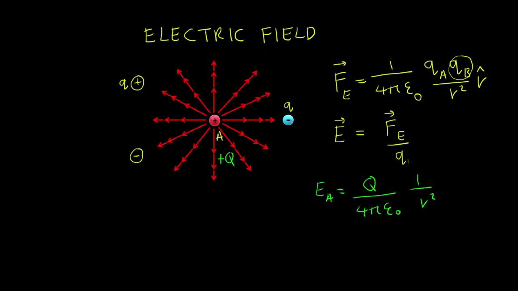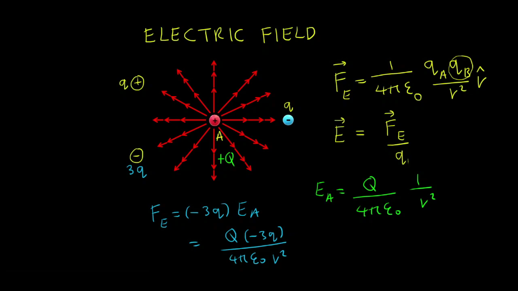And now if we place some test charge in the electric field of A, and supposing it has a magnitude of 3Q, and it's a negative test charge, then the Coulomb force on that test charge, due to its presence in the electric field of A, is effectively minus 3Q multiplied by EA, which is effectively Q by minus 3Q over 4 pi by the vacuum permittivity by r squared, where r is going to be the distance between these charges, but specifically from charge A to charge B.